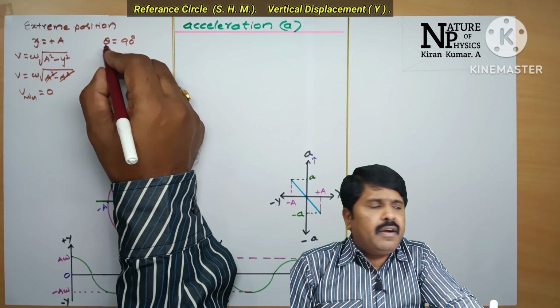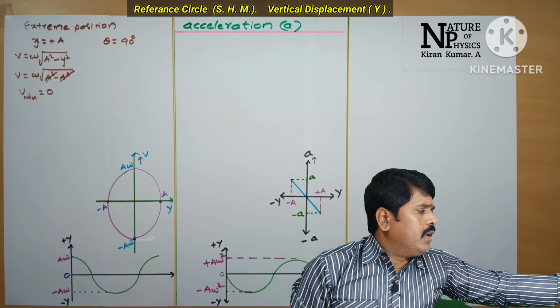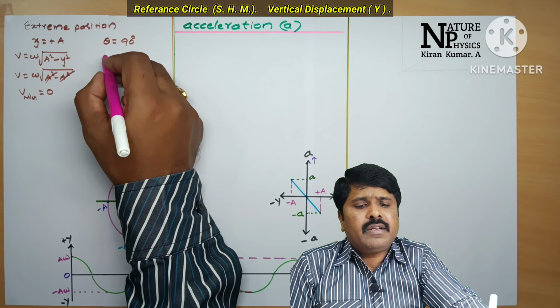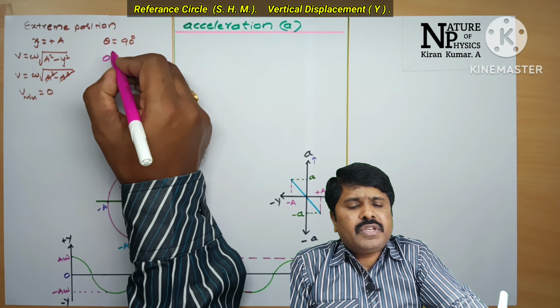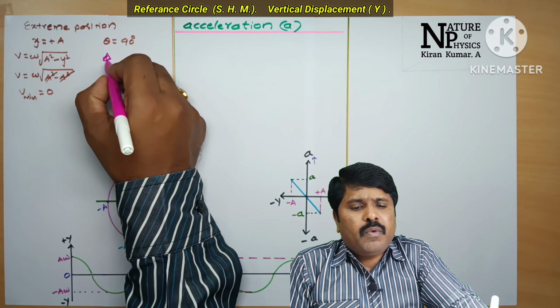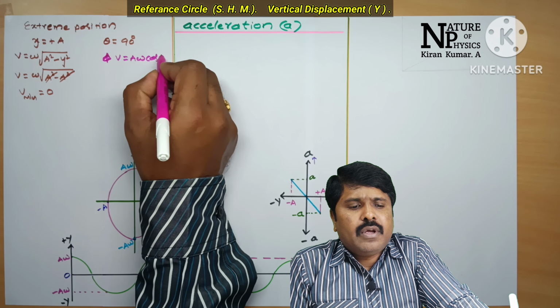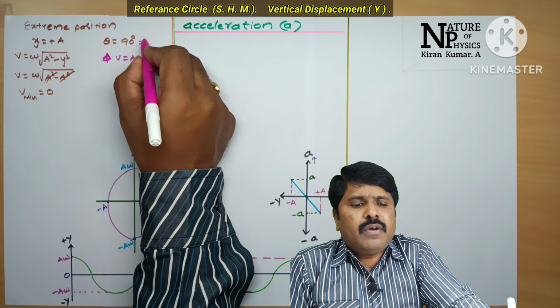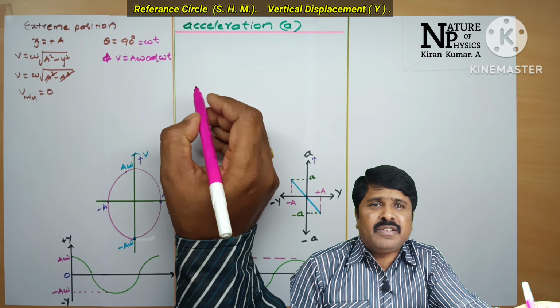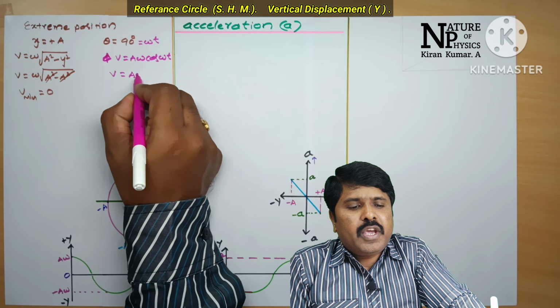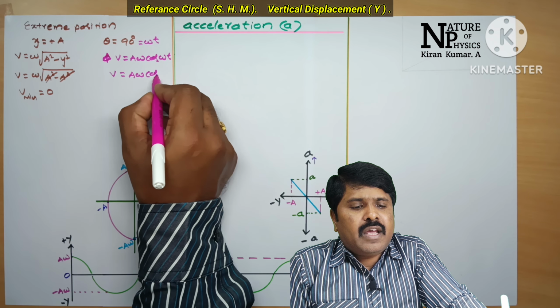Okay, and the second condition is also considered here. See, in the second condition theta is equal to 90 degrees. The second equation, velocity v is equal to a omega cos omega t. Theta is equal to 90, that is omega t is also 90 degrees, so velocity is equal to a omega into cos 90.